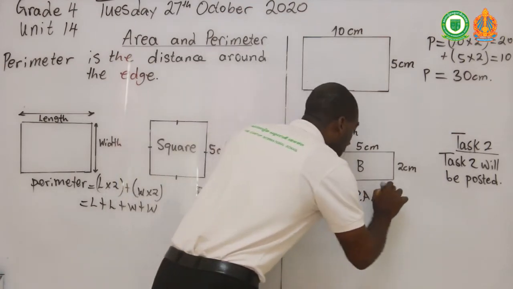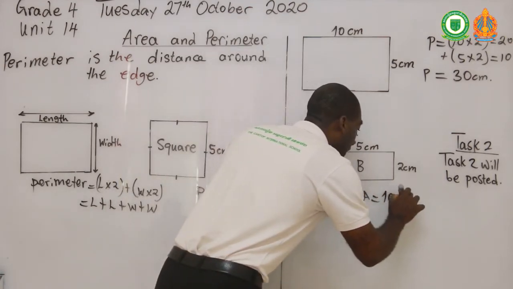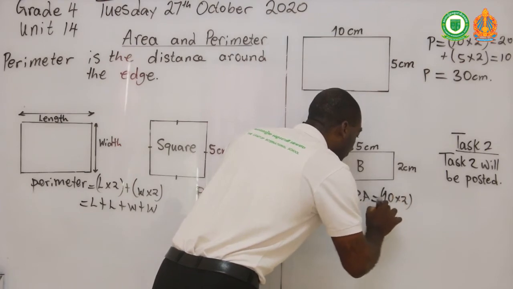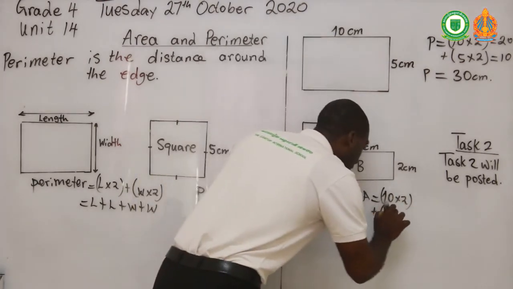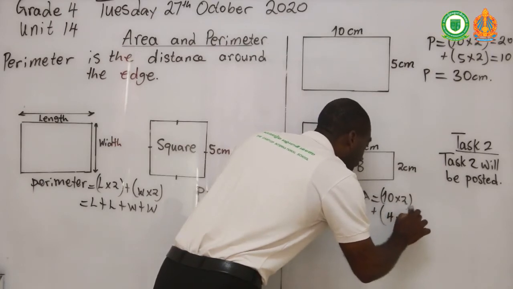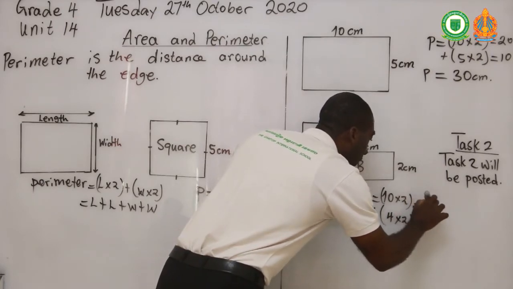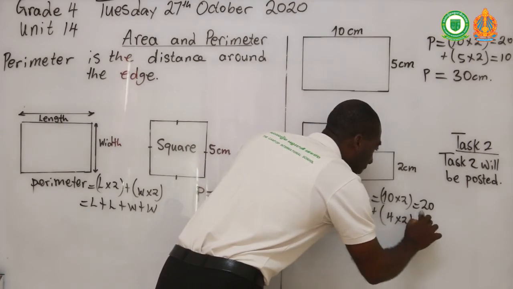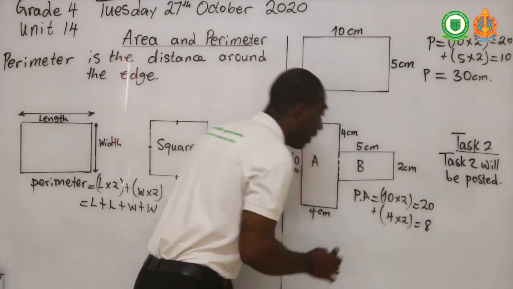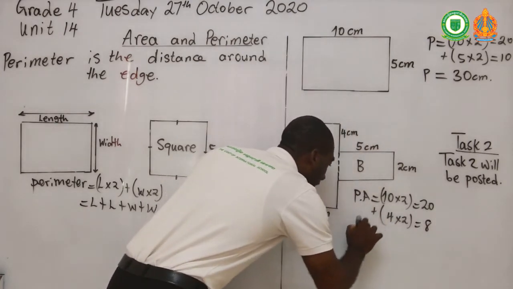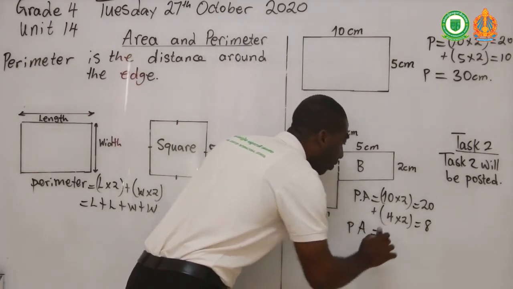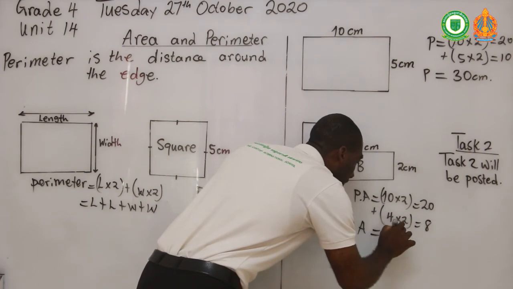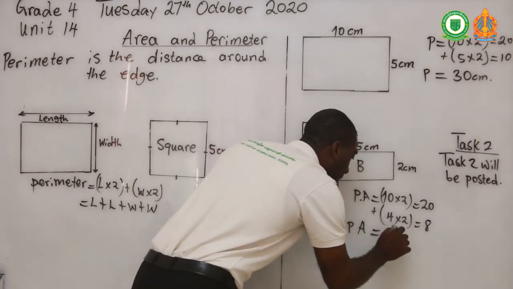Okay, so we're going to have 10 multiplied by 2 plus 4, which is also 2. So we're going to have 4 multiplied by 2. So this is going to give us 20 and then this is going to give us 8. So total perimeter for A will be equal to 28 centimeters.